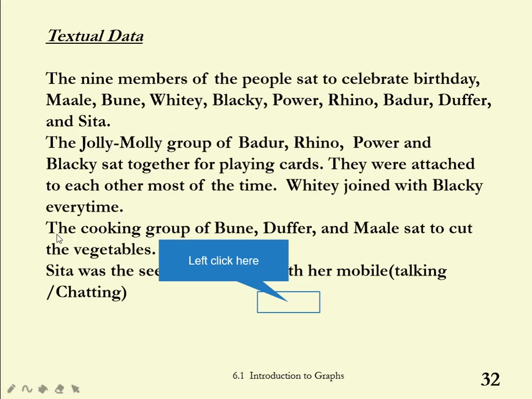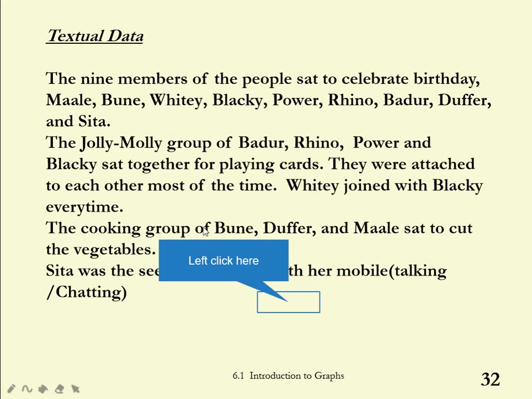Similarly, I have one more statement here. The cooking group. There must be a cooking group, right? Maybe they were ladies, maybe good cooks, good chefs; boys can also be great cooks. Then these 3 people, boys and girls, Bunne. Bunne is a famous name of ours. Bunne was there and Duffer was there. Duffer and Male all sat together to cut vegetables.